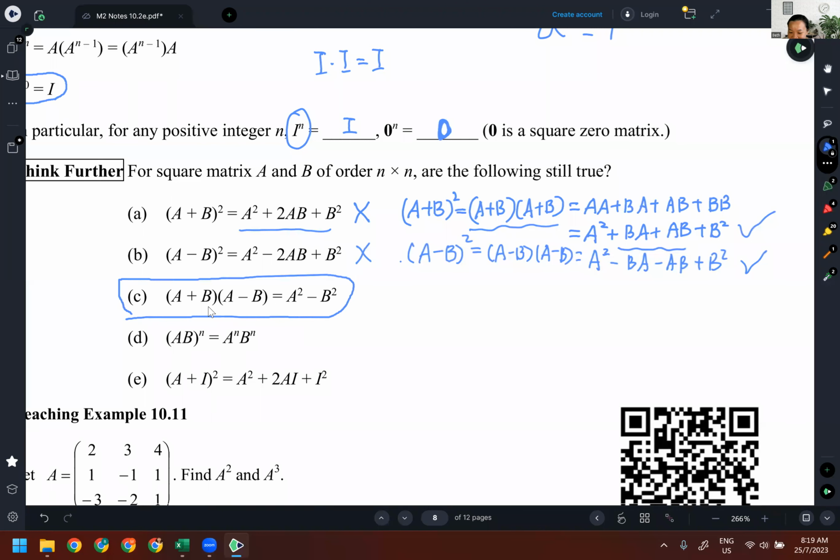Is it false? False. So what is it really equal to? A plus B and A minus B. What is it really equal to? AA plus AB minus AB minus BB.